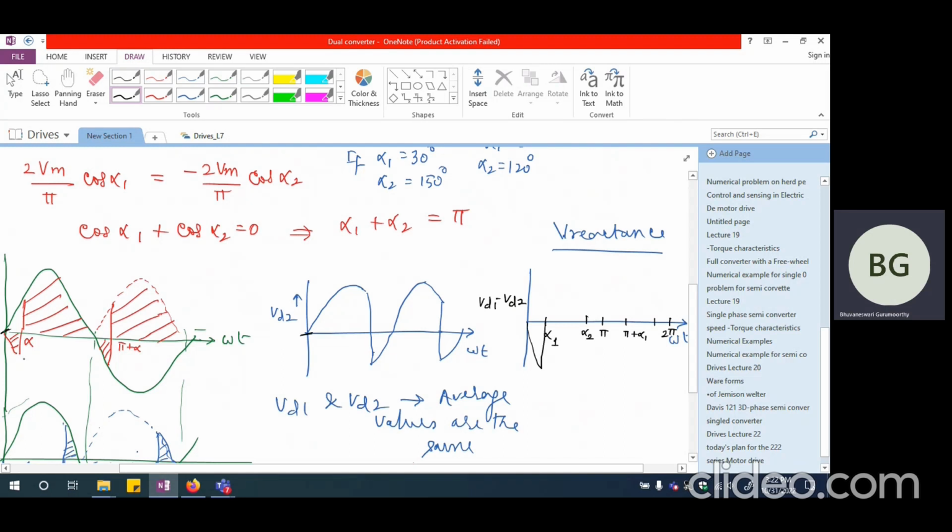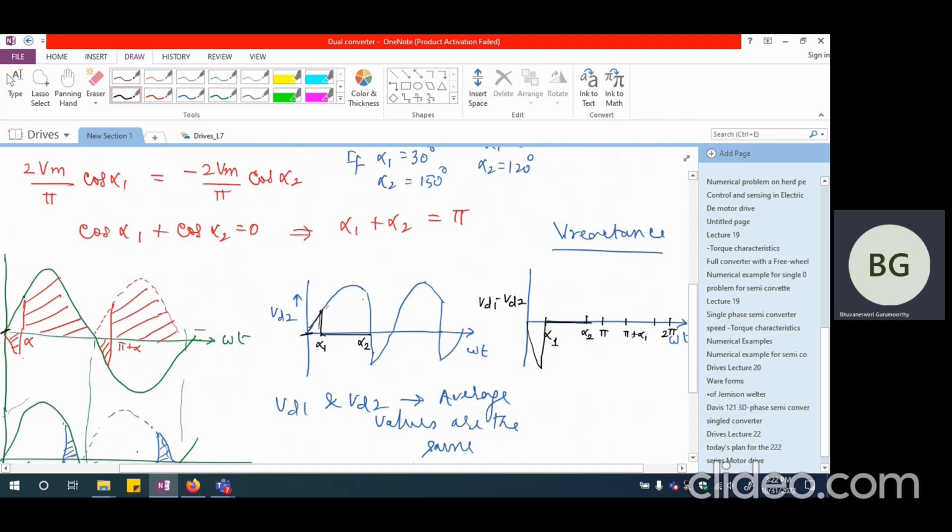But after that, this is increasing in the negative direction, whereas this is increasing in the positive direction until alpha. After alpha, this is also positive, and it is the same waveform corresponding to the supply voltage sinusoid. That will continue until alpha 2, at zero voltage.